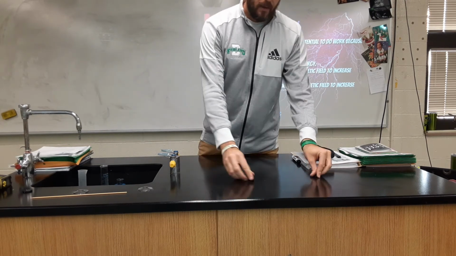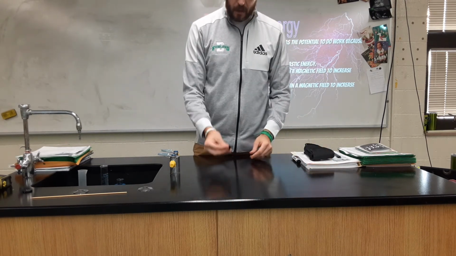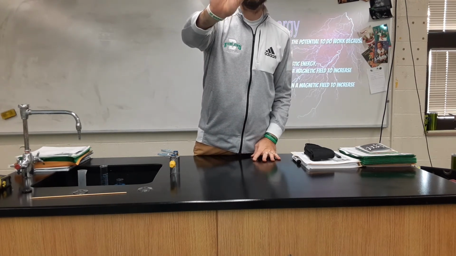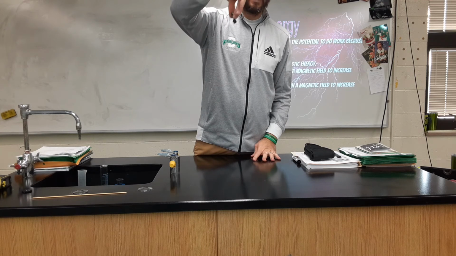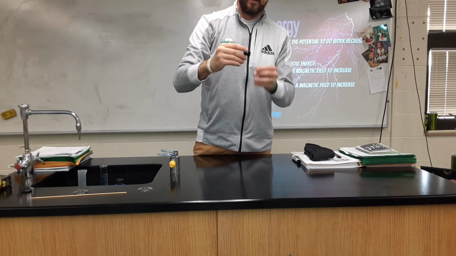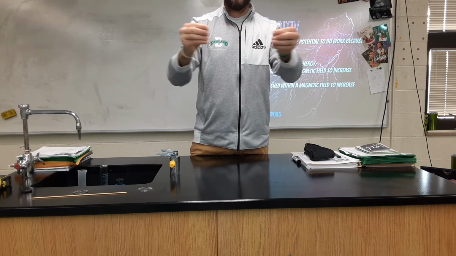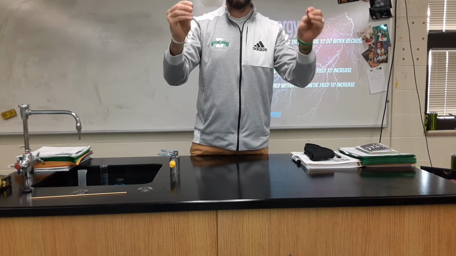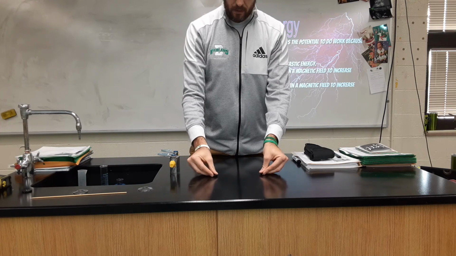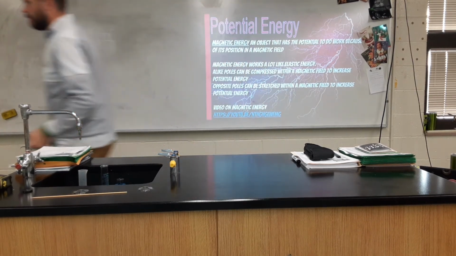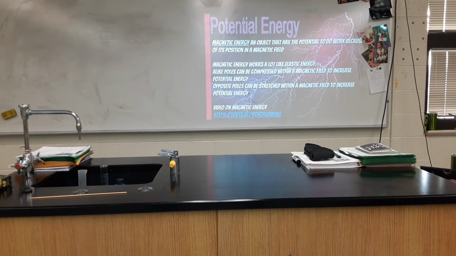All right, so here's one of the magnets I broke. When you have opposite poles, they stick together. All right, so when I pull them apart, I'm storing potential energy in it. So let me fix the camera here so you guys can see this.